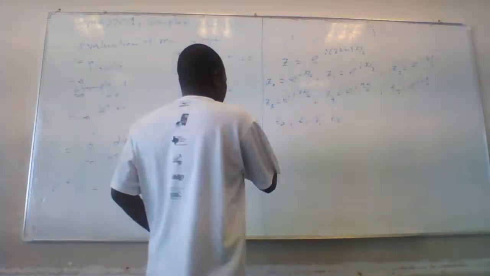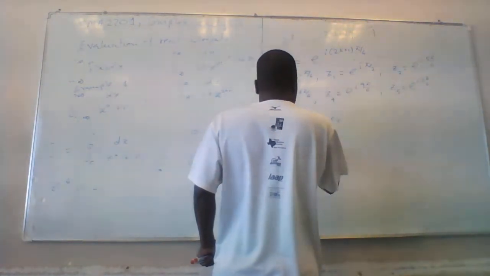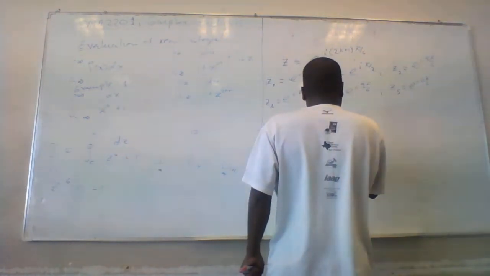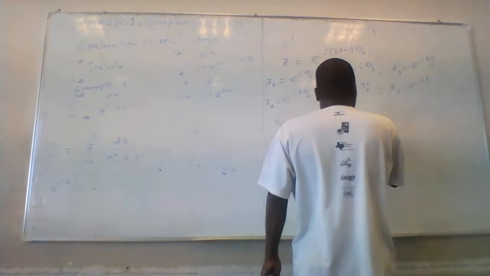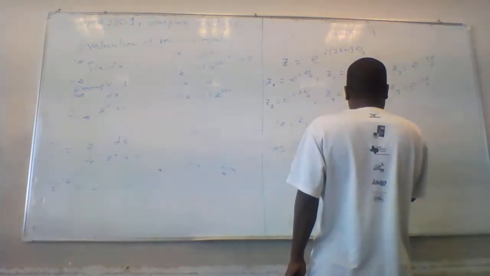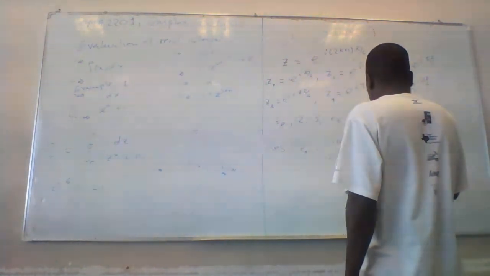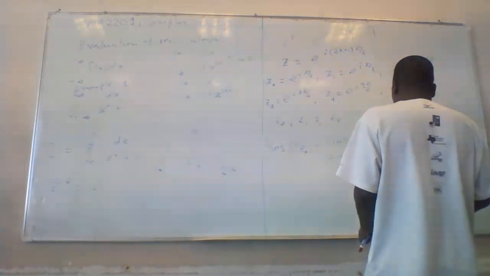That is to say, the residue of f evaluated at z0 is given by the limit as z goes to z0 of z minus z0 over z to the 6 plus 1.